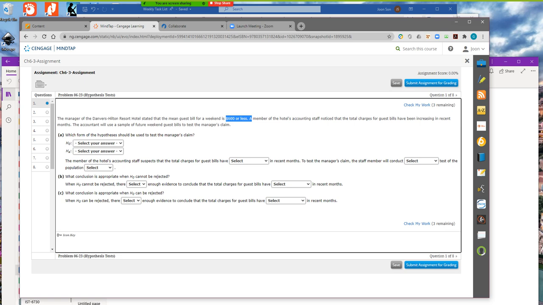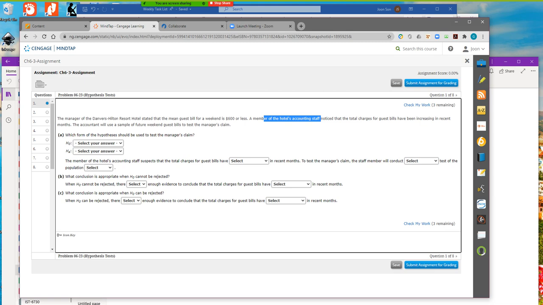So this is like a common belief. They think that the mean guest bill is $600 or less. However, the staff wants to test it. He thinks that it's more than $600.